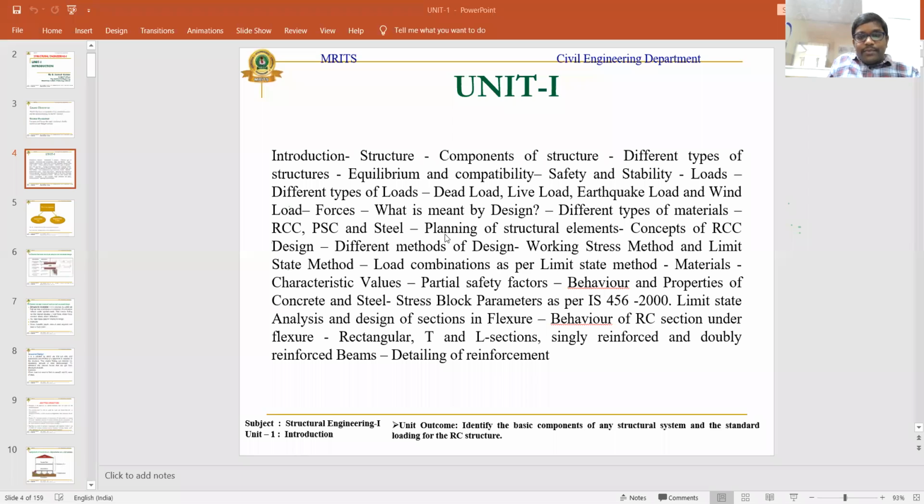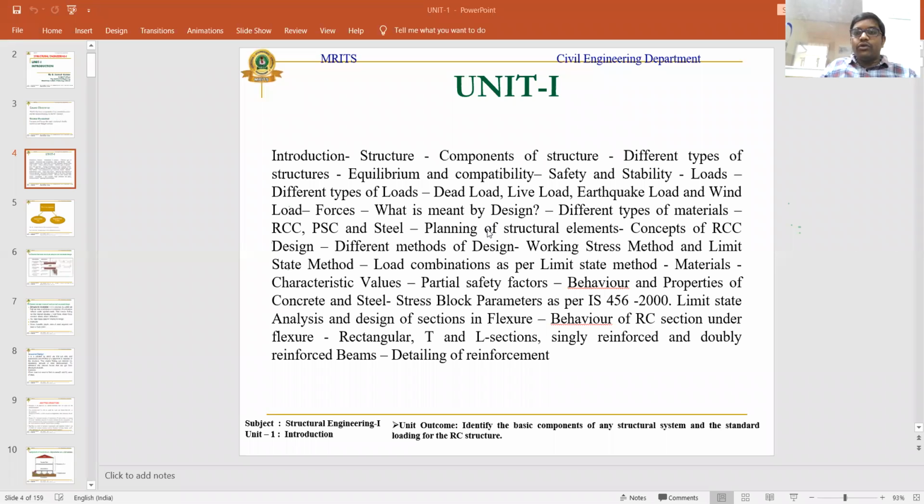And what is the planning of structural elements, how can we design? Without adopting a particular planning of a building, we can't design these structural elements. Like first what you can lay, what you can design, and after completing the first step, what is the next step that you are going to design? So for designing any type of building, for laying a foundation, we must have a soil test.